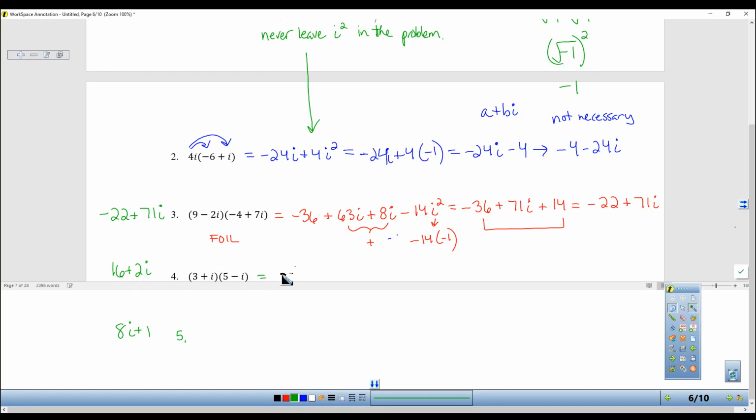Next one. First, outer, inner, last. That gives me 15. These two make 2i. And this is minus a -1, which gives me +1 for a final answer of 16 plus 2i.